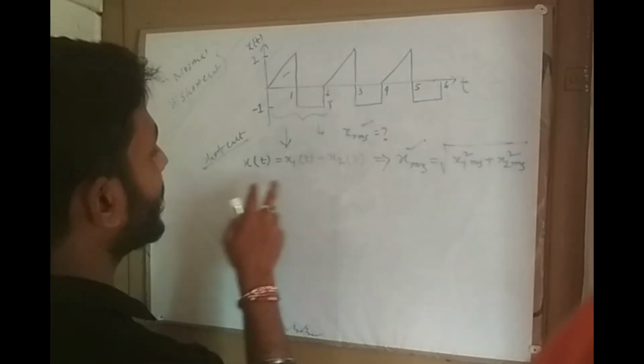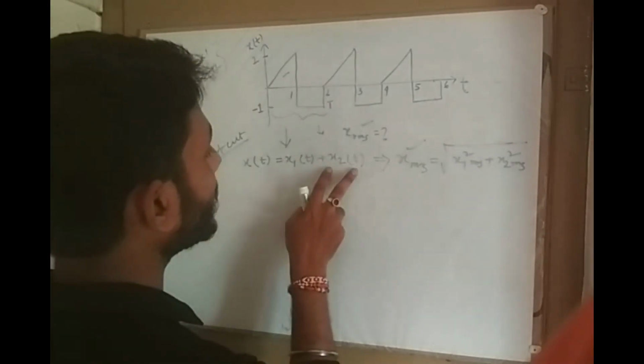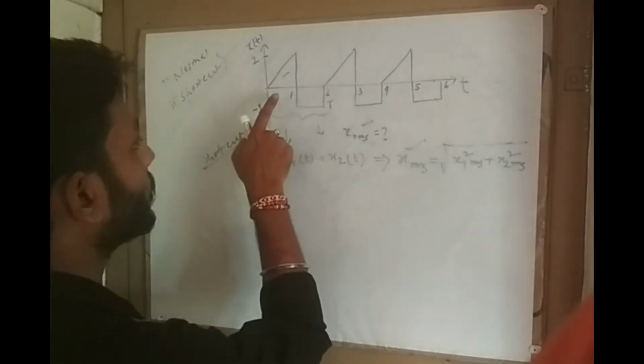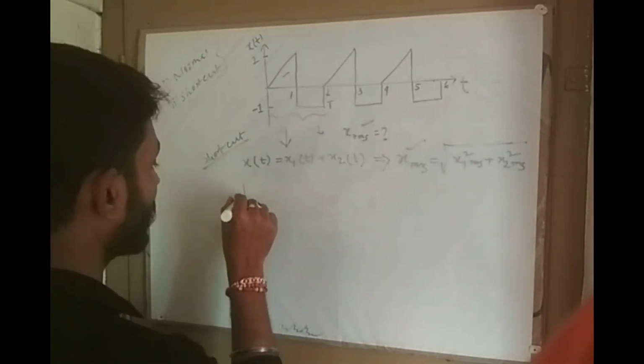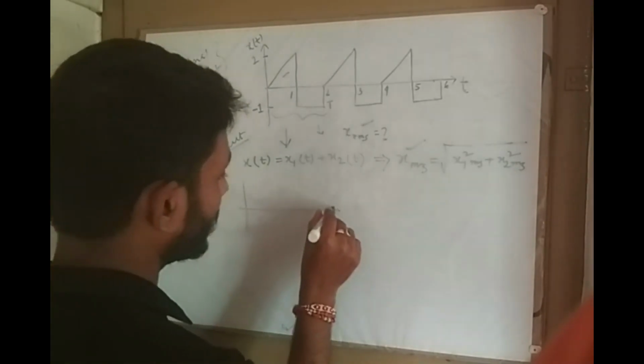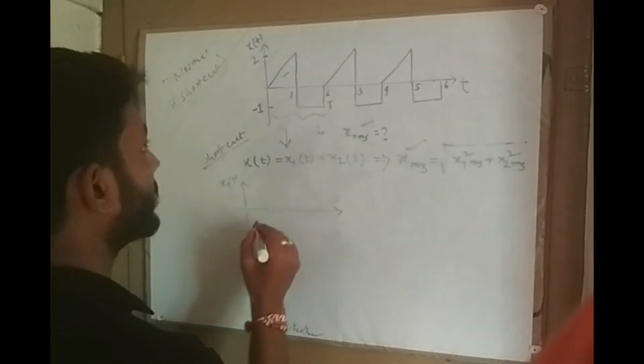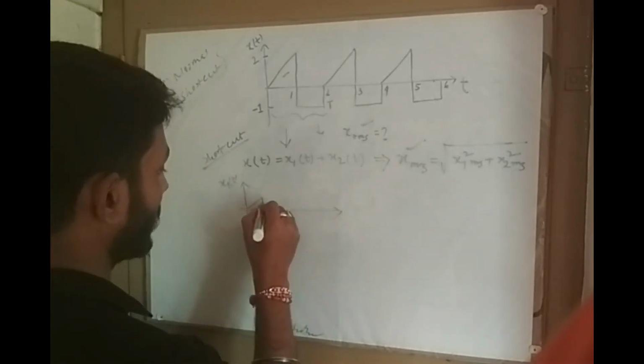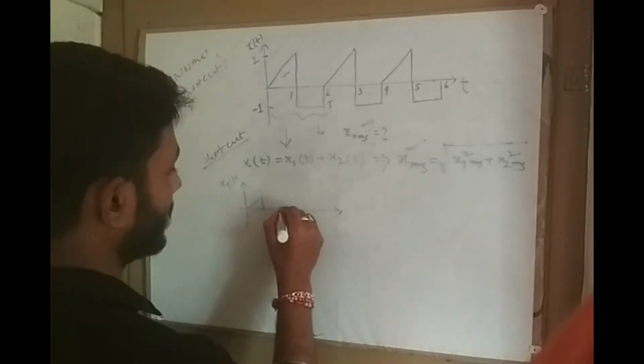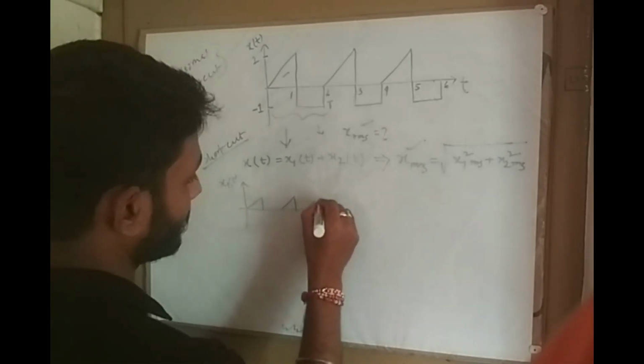First, we have to break x of t into x1 of t and x2 of t. Suppose x1 of t is the upper part only, it will be like this.